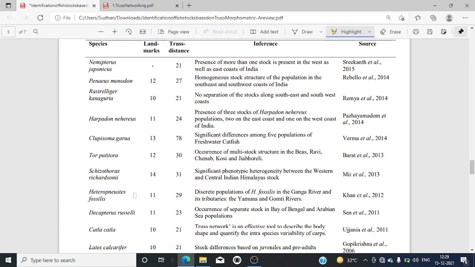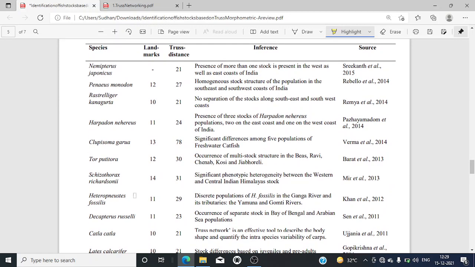These landmarks and truss distances, again, truss distance depends upon the landmarks you're fixing. So the landmark fixation needs to be done properly based upon the earlier literature survey or your choice of interest.